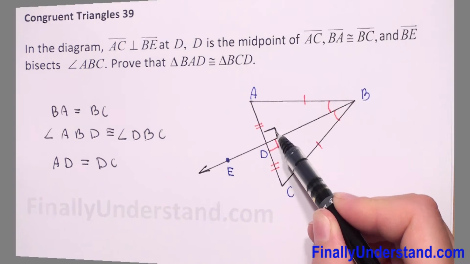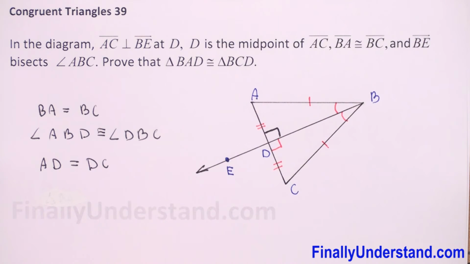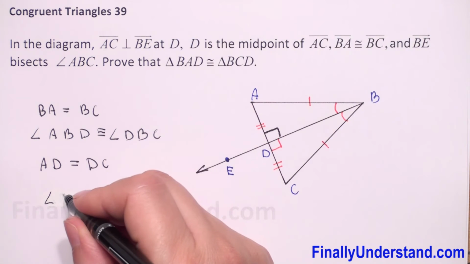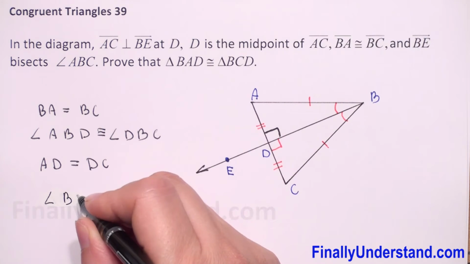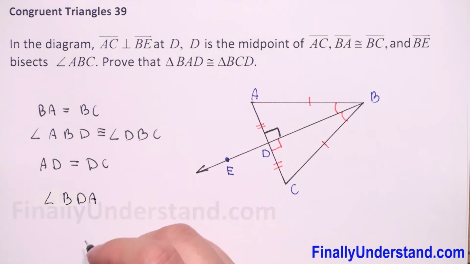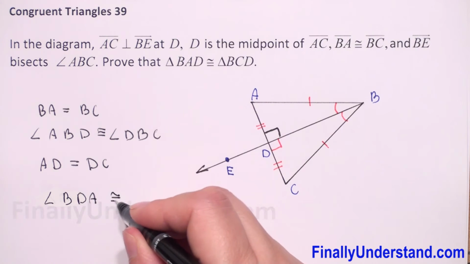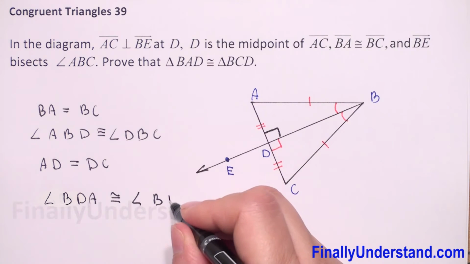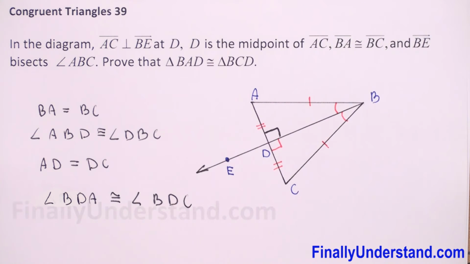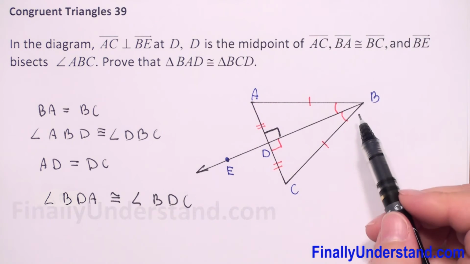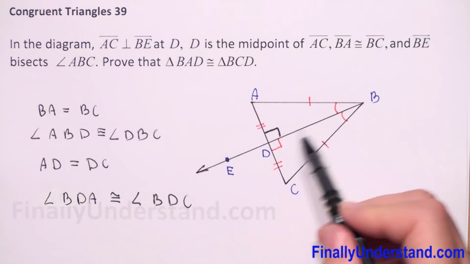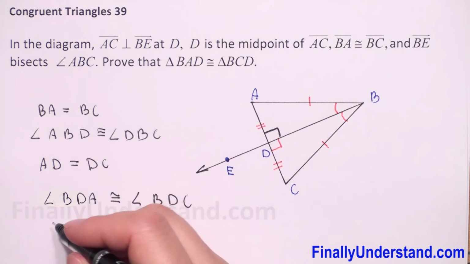have a right angle. So we can write that angle BDA is congruent to angle BDC. What else? Side BD is congruent to side BD.